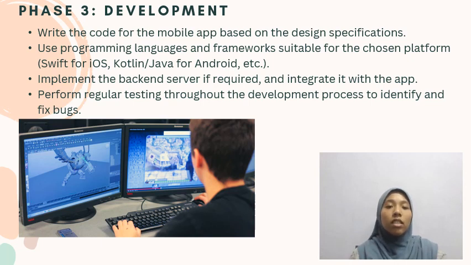Perform regular testing throughout the development process to identify and fix bugs. So in this phase we create all of these. The planning we just plan, and we go for it to create the apps.